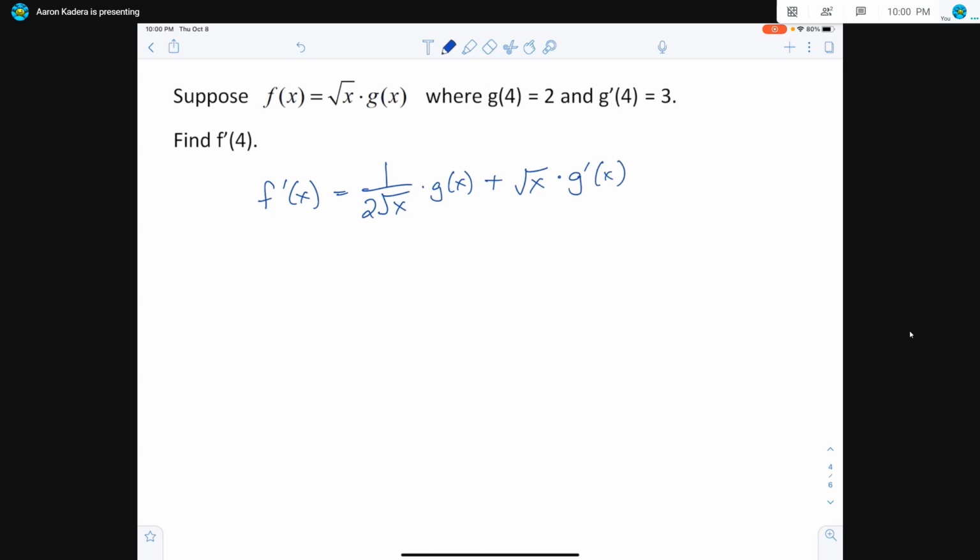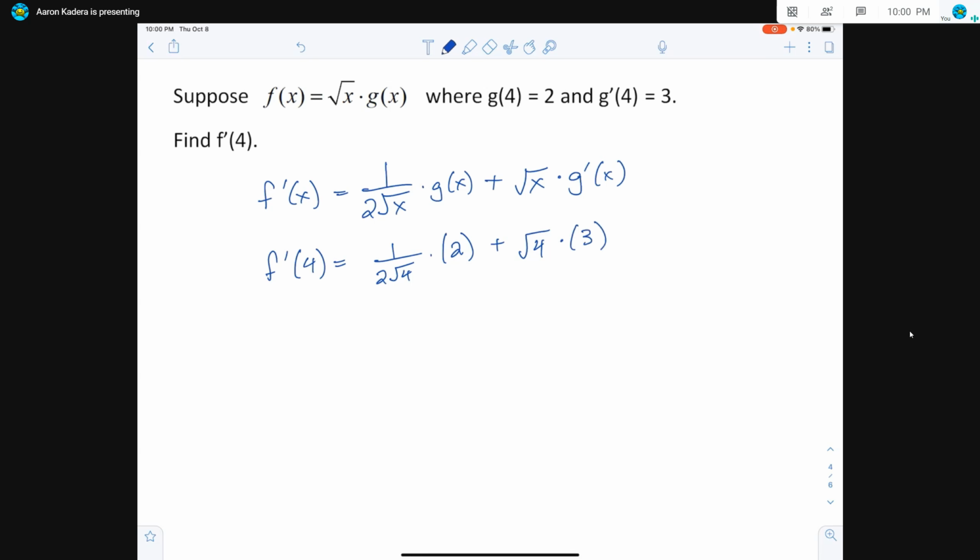All right, and then all we have to do is put a 4 in there, and hopefully they have provided us with enough information to fill everything out. So if x is 4, then I have 1 over 2 times the square root of 4 times g of 4, which they said in the problem was 2, plus the square root of 4 times g prime of 4, which they said, instead of writing that, I am going to write a 3.